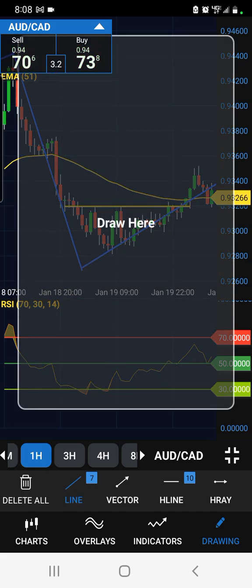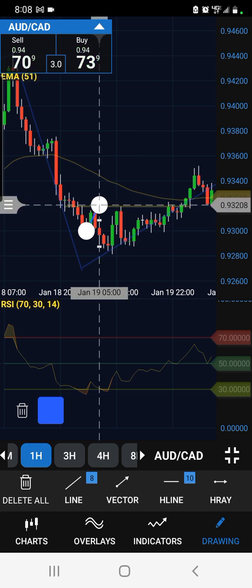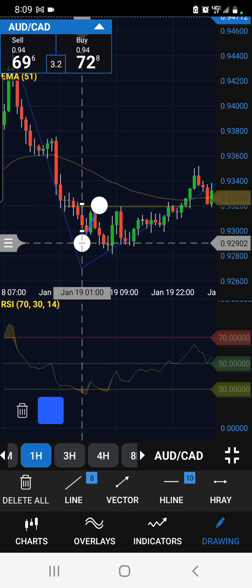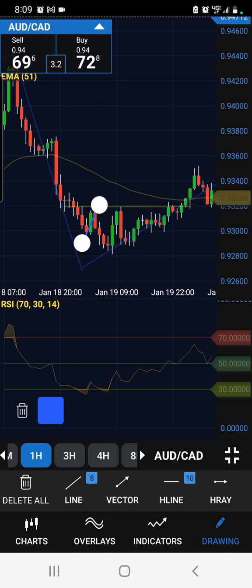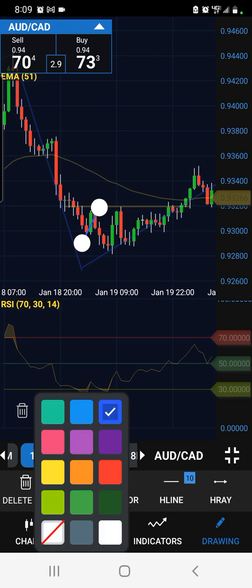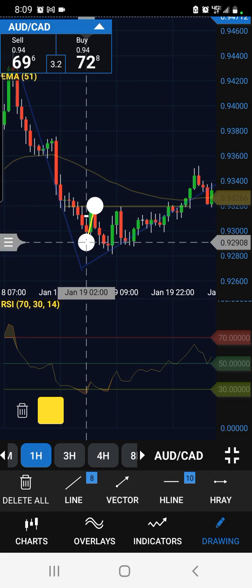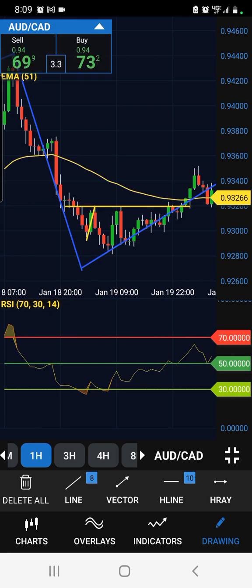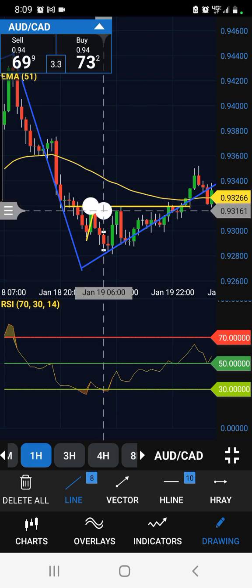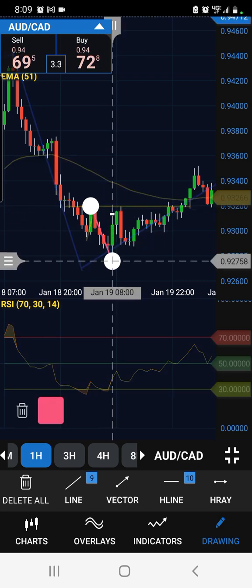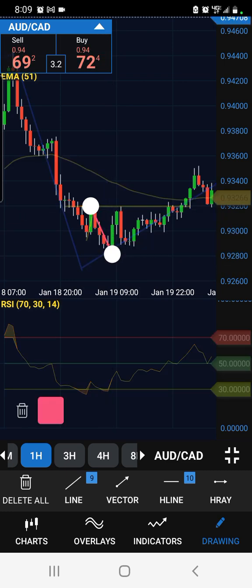Let me do a little bit more drawing. It shows that the selling that was going on in the market slowed up, and the buying that was going on in the market picked up.